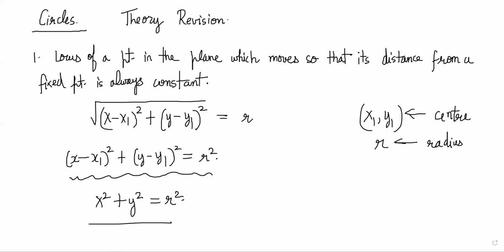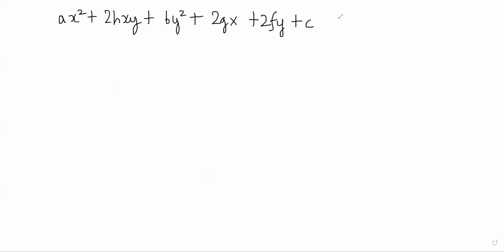Now, what is the general equation of a circle? So in general, you can have an equation of a circle like this. This is the standard equation of any 2-degree curve. In this equation, it will be a circle, first of all, if discriminant is not equal to 0, because discriminant equal to 0 means it's a pair of straight lines.